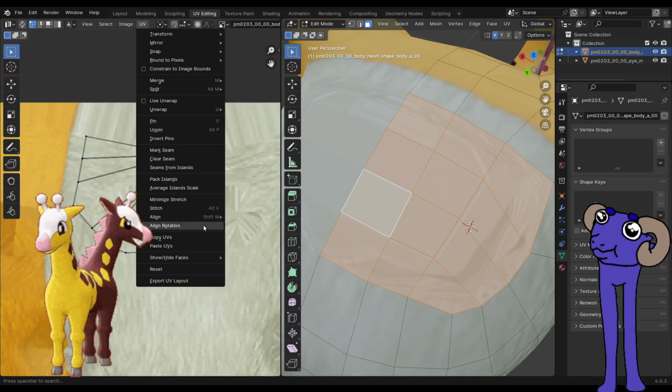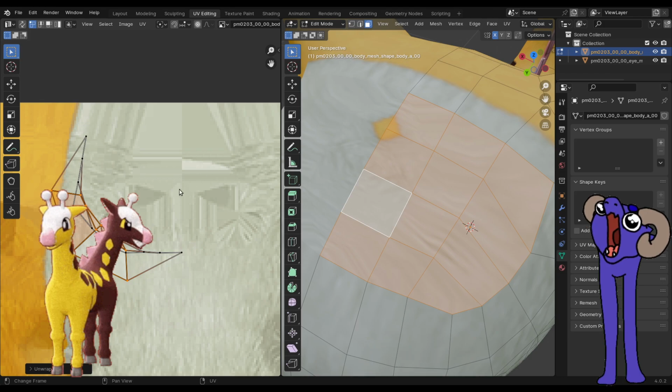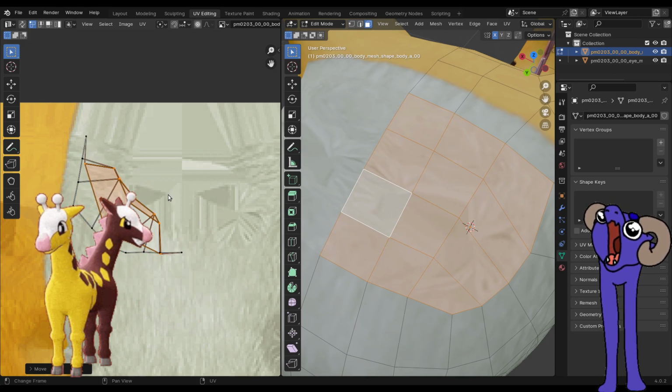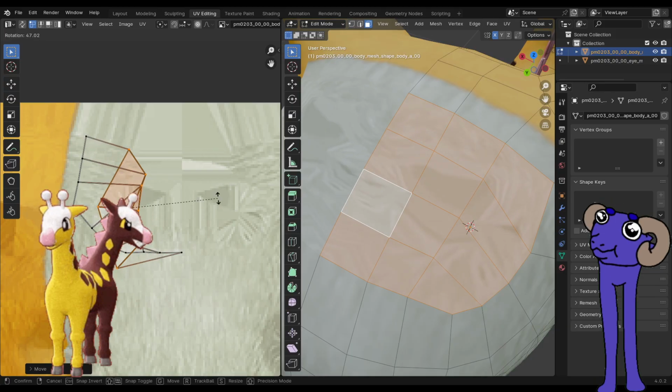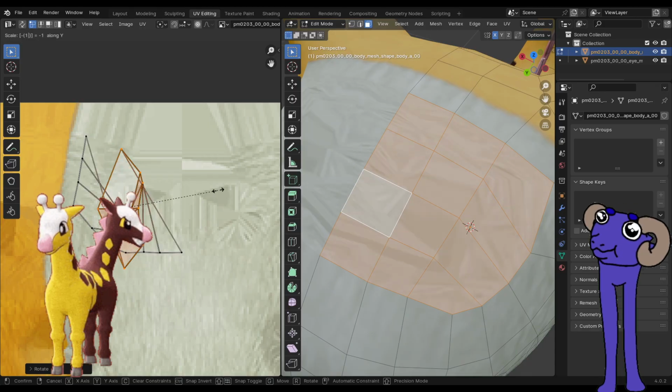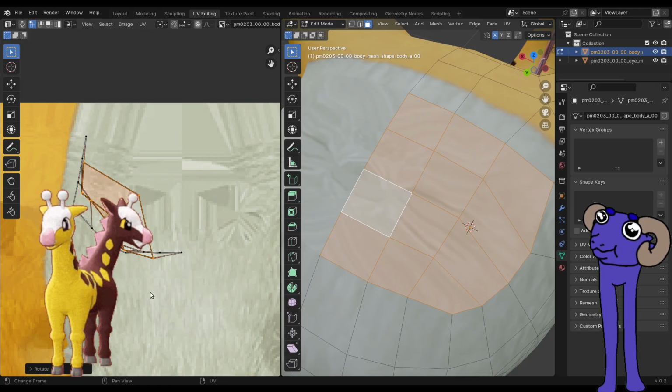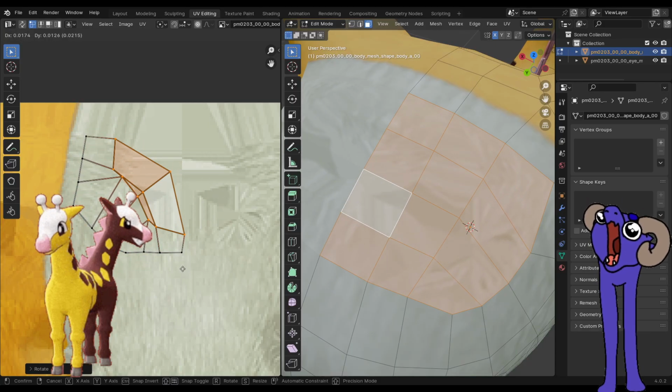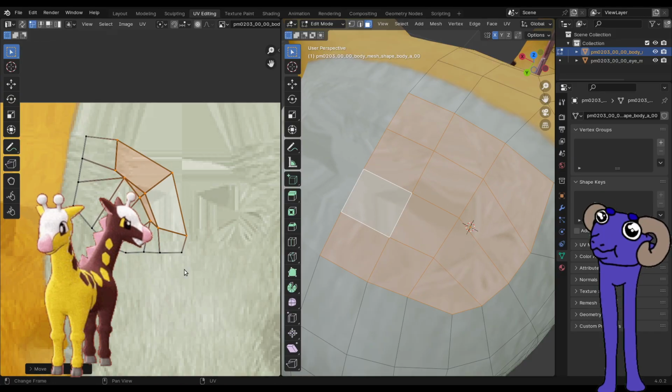No. I remember there's a way to do this, but I don't really remember how. That's what we're looking for. Okay, so if we do that, it still looks terrible, but we can work on this.